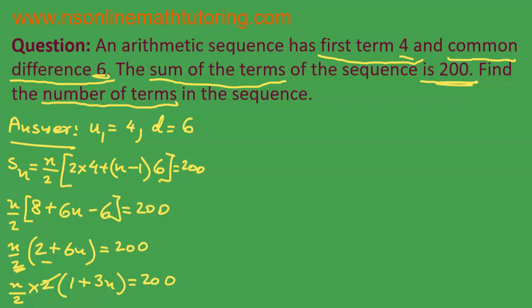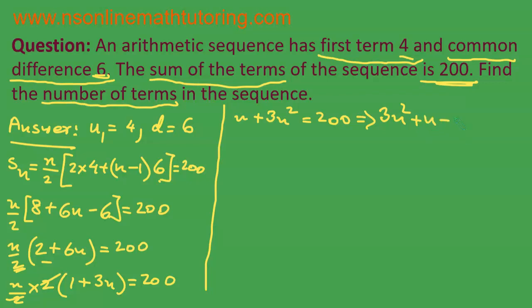And now we can cancel these two. If I open the parenthesis, I get n times 1 is n plus n times 3n is 3n squared, is equal to 200, which can be written as 3n squared plus n minus 200 is equal to 0.